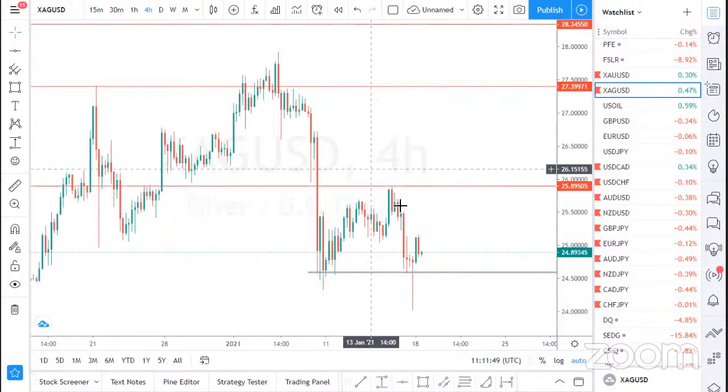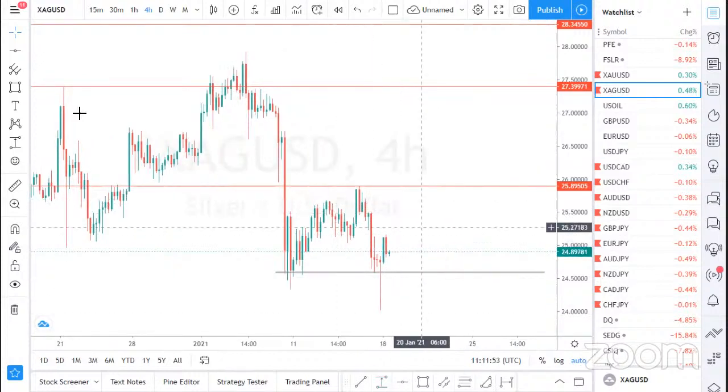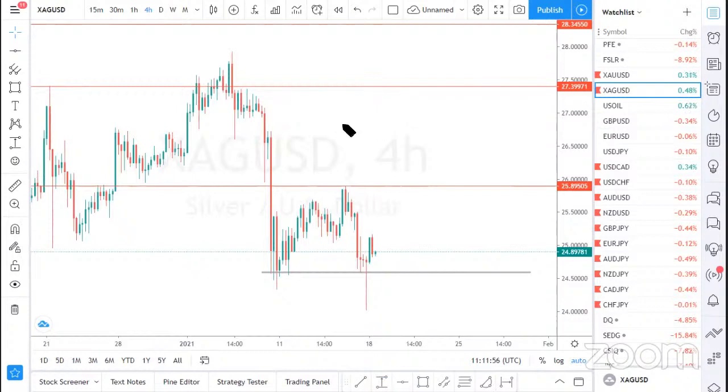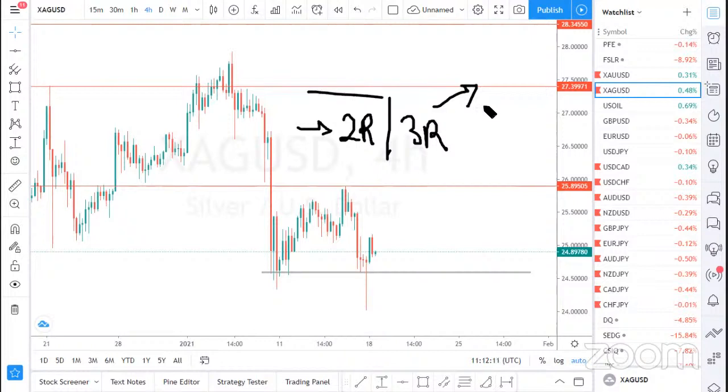I'm looking out for a minimum of 2 risk reward ratio. I love to take trades that give me at least 2 risk reward ratio room. The minimum I start from is 2 and then I look for more favorable ratios. This is based on my own trading rules.